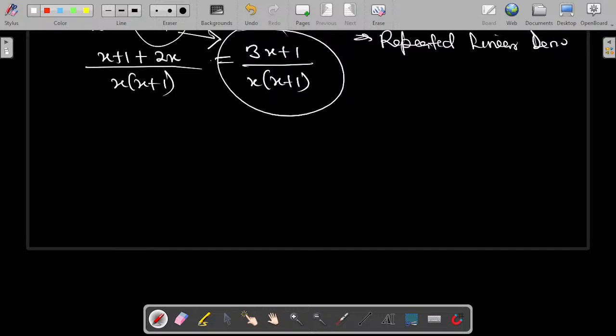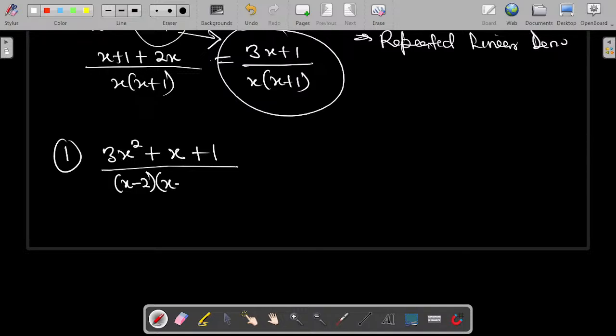Let me call it example 1. We are given 3x squared plus x plus 1 all over x minus 2 into x minus 1 raised to the power of 3.